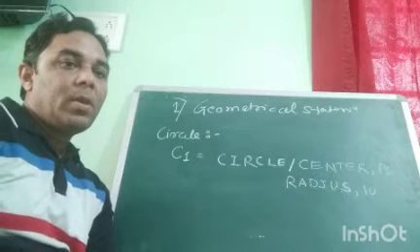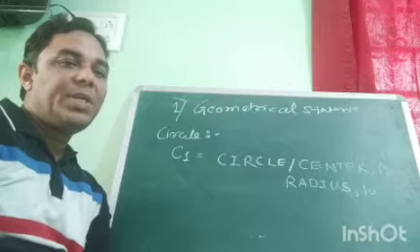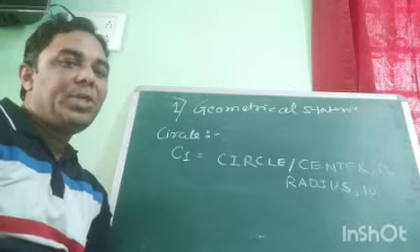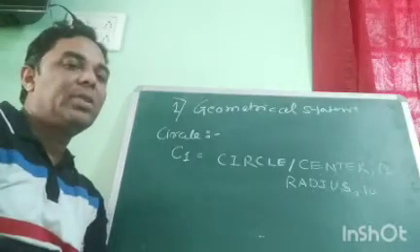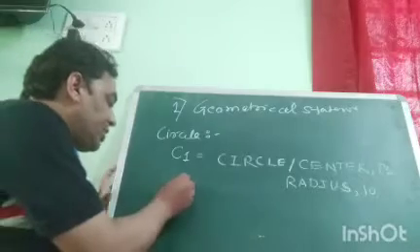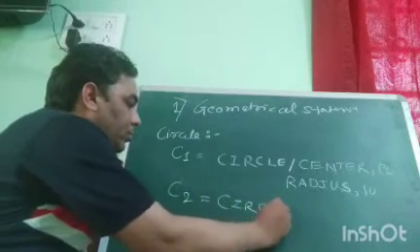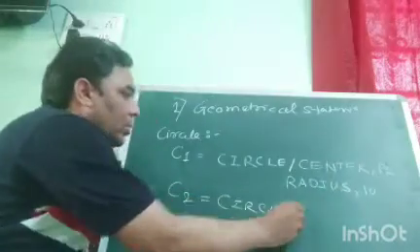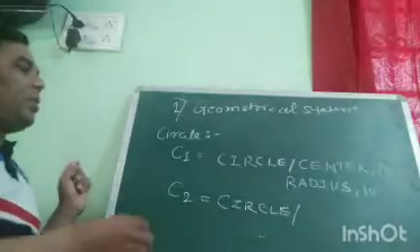Now let's see a C2 circle with center P1 tangent to line L1, or line L1 is tangent to the circle C2, right? So how can we write it down? Let's see. C2 is a circle. It passes through a center. What is the center? P1.